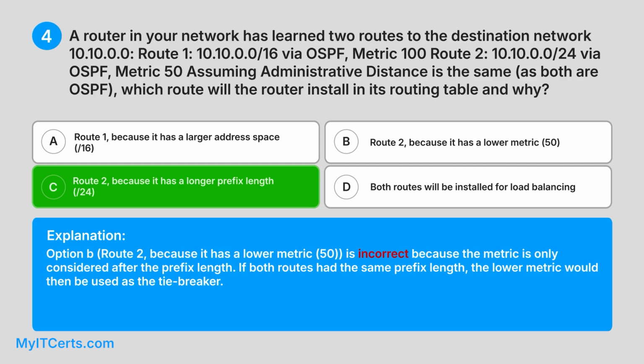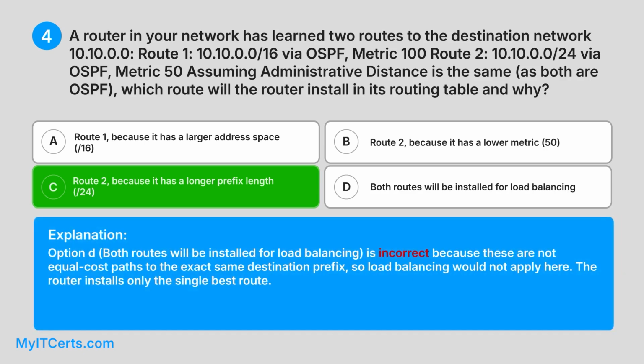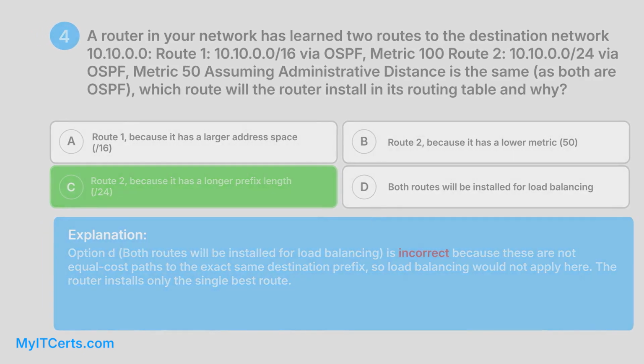If both routes had the same prefix length, the lower metric would then be used as the tiebreaker. Option D, both routes will be installed for load balancing, is incorrect because these are not equal cost paths to the exact same destination prefix, so load balancing would not apply here. The router installs only the single best route.